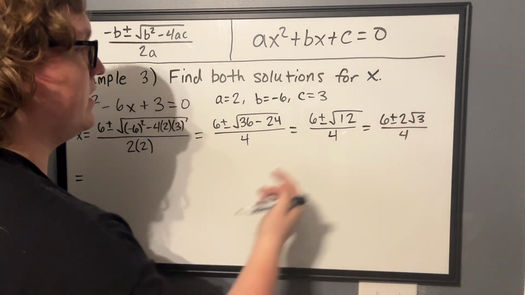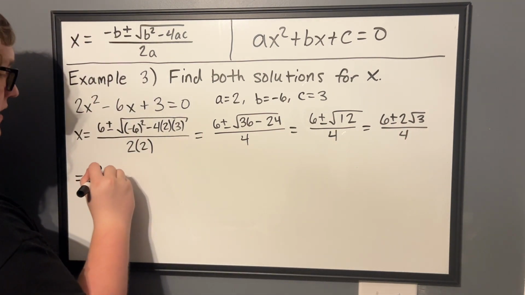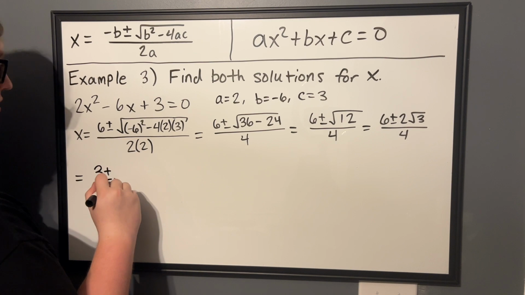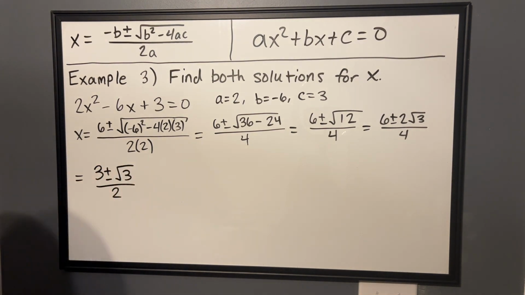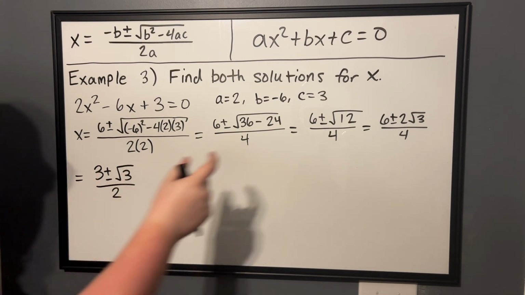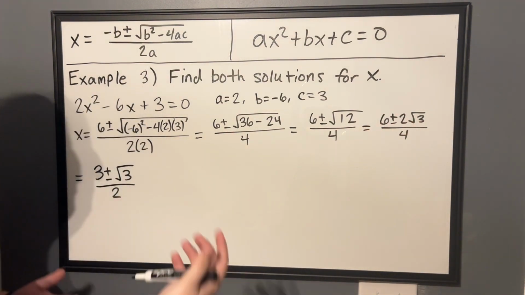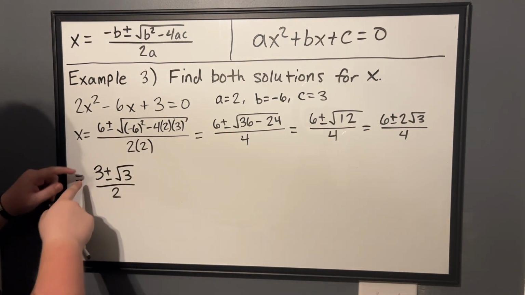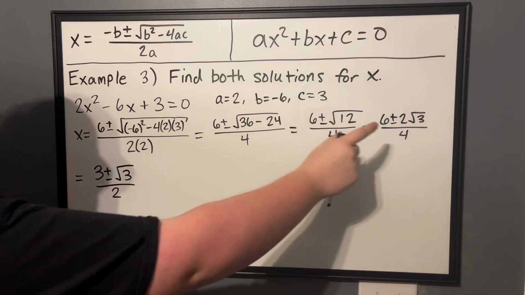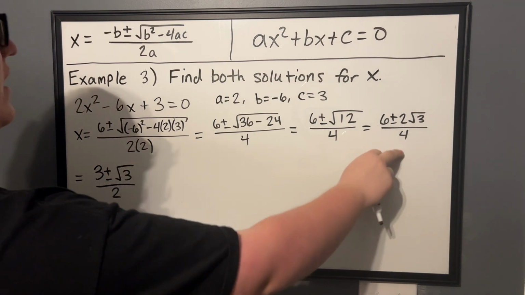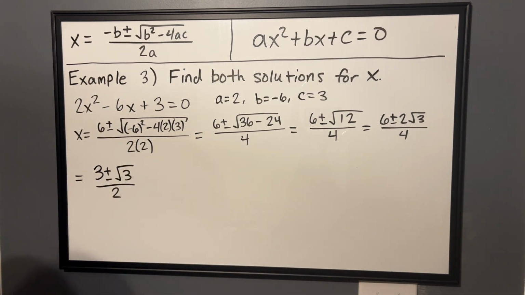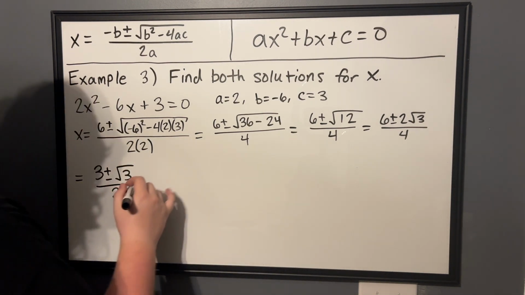If we divide everything by 2, this will be 3 plus or minus the square root of 3 all over 2. Now, the reason is because we want to just divide every term by 2 since we can. So we're dividing the 6 by 2 and we're getting a 3. We're dividing the 2 square root 3 by 2 and we're just getting a normal square root 3. And we're dividing 4 by 2 and we're getting a 2. So this is what x is equal to.